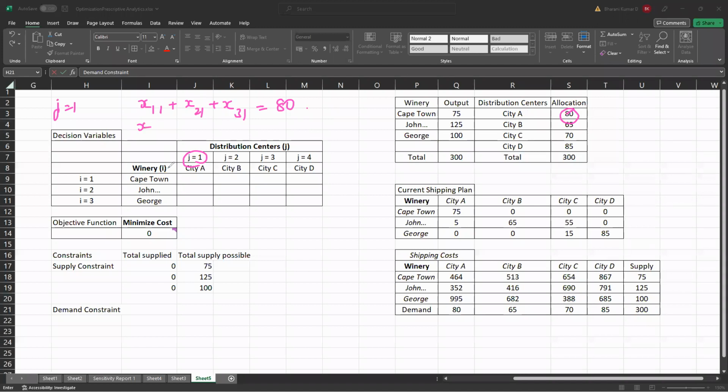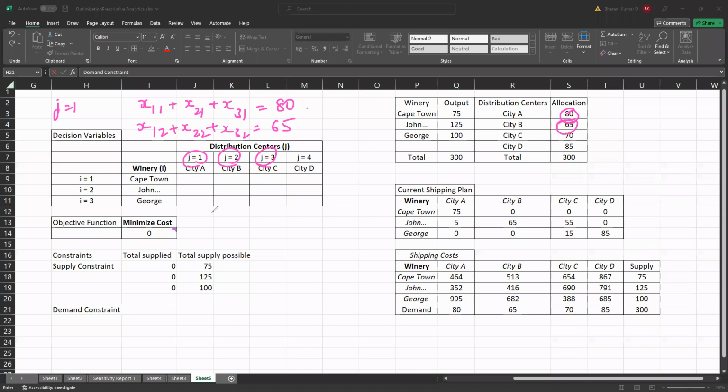Then x12 plus x22 plus x32. For city B, whatever you can send would be only 65.